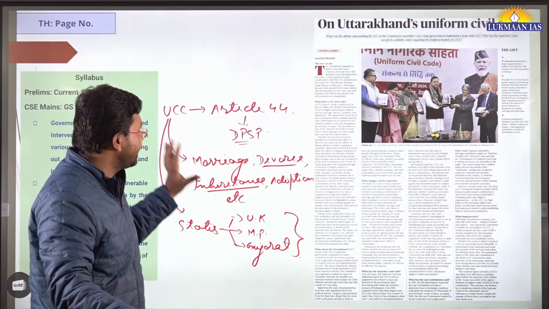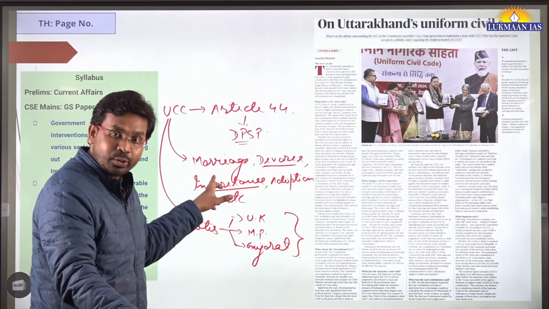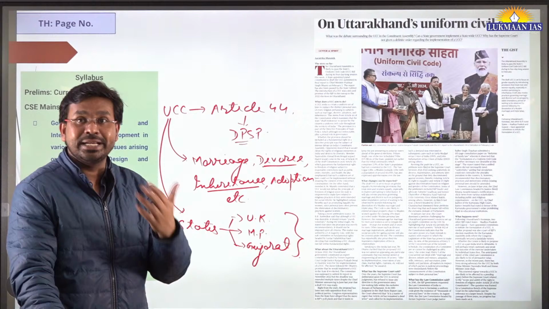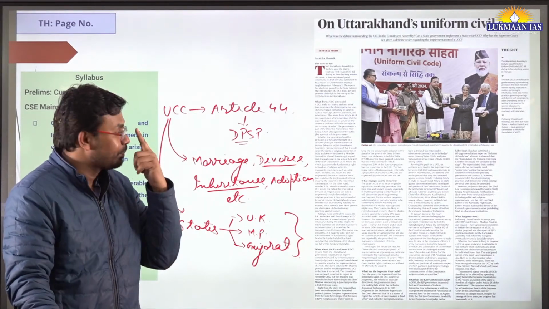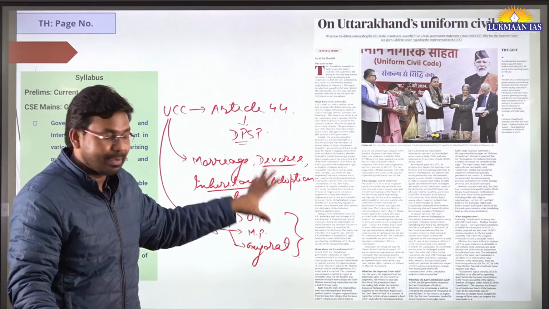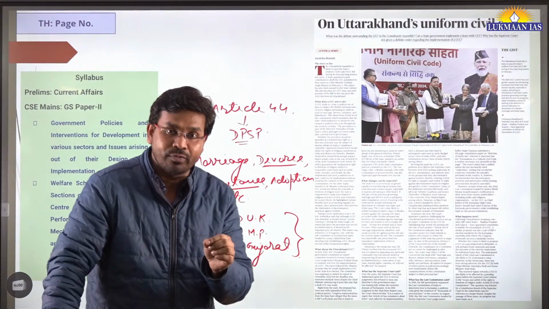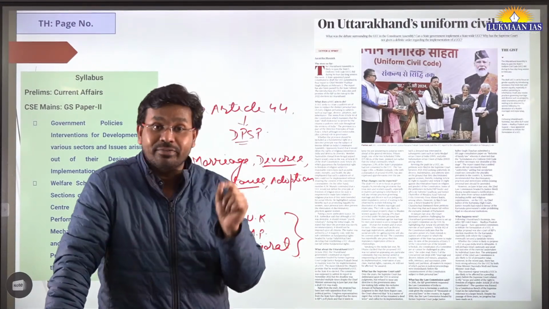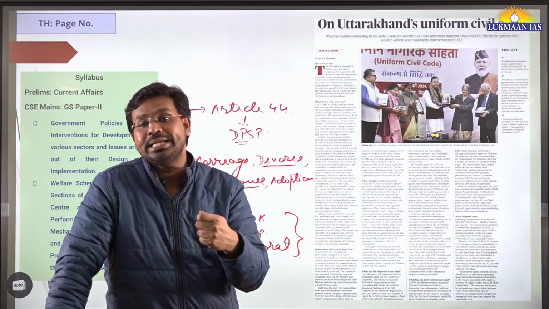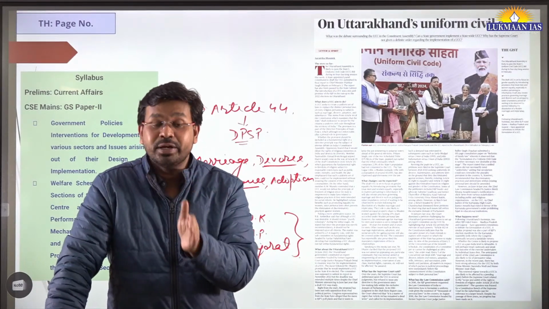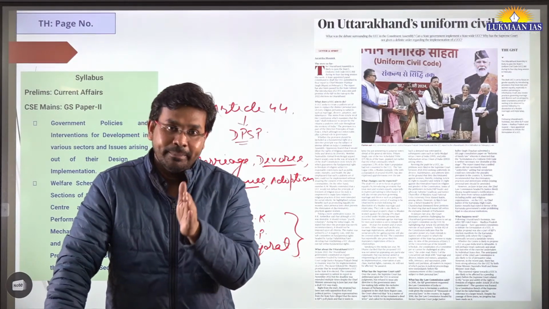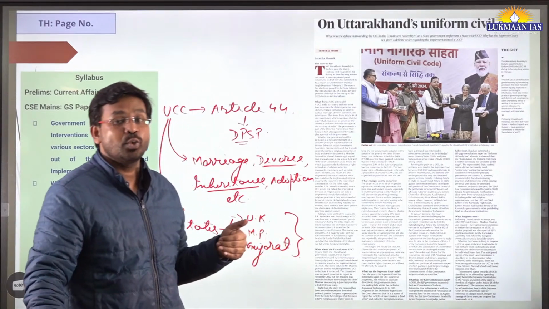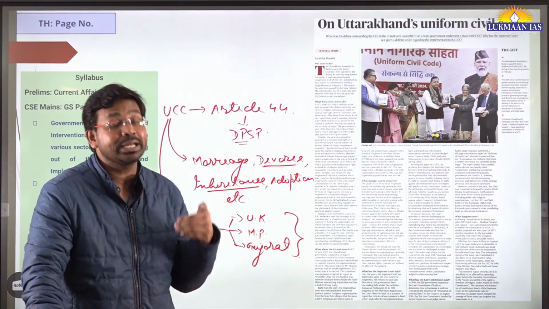So in this article they have discussed what is Uniform Civil Code, what were the debates related to Uniform Civil Code in the Constituent Assembly, and what was the viewpoint of B.R. Ambedkar. So B.R. Ambedkar was the chairman of the drafting assembly. So what he has said, that uniform civil code must be voluntary. Means those religious communities who want to adopt uniform civil code, they can adopt.